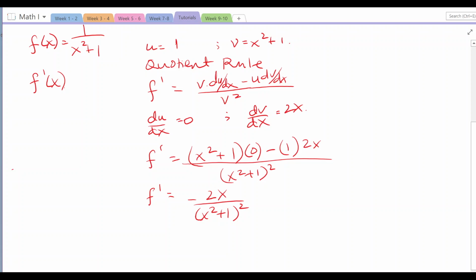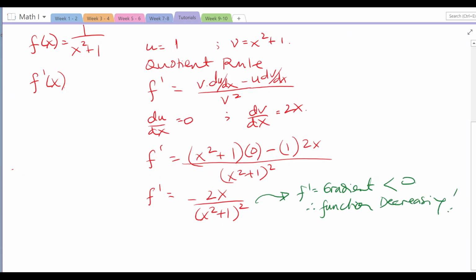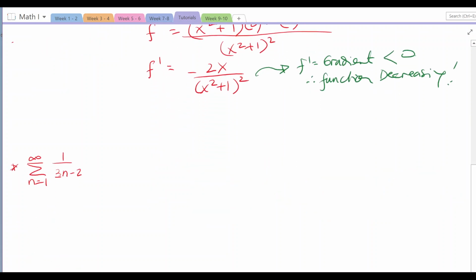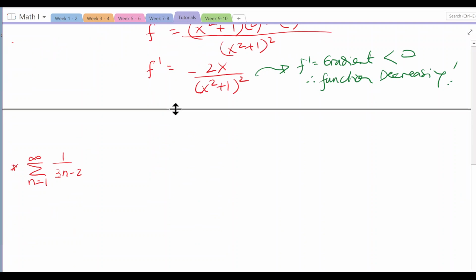As you can see, this indicates that it is a decreasing function. The gradient dy/dx is less than 0, therefore the function is decreasing. So it allows us to use the integral test.